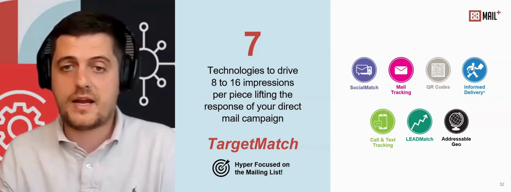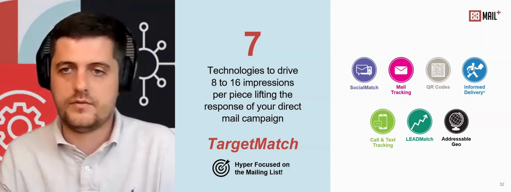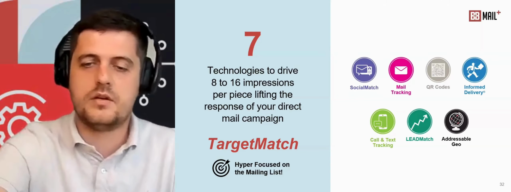We're still getting mail tracking, QR codes, personalized or static, informed delivery, call and text, and lead match. But the biggest difference is the addition of this technology, meaning addressable geo. So through addressable geo, this allows us to geofence every single address that's on the mailing list and serve up ads to any device that's connected to the internet and within that household.